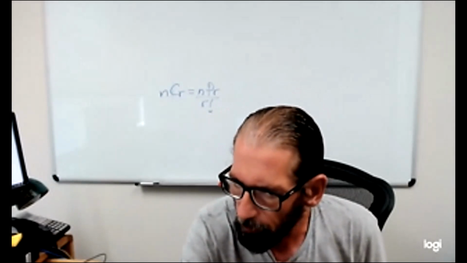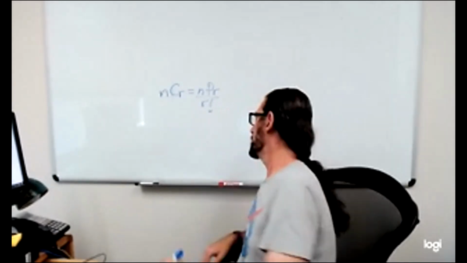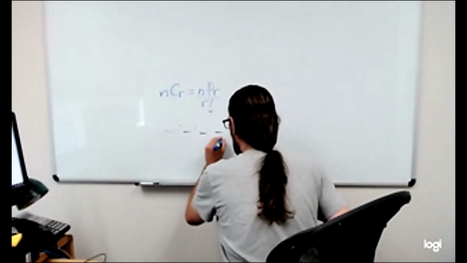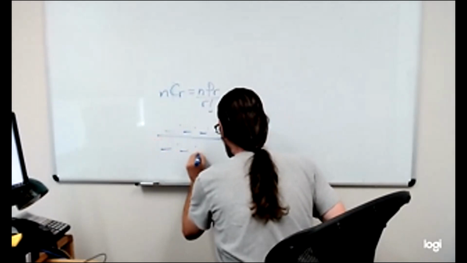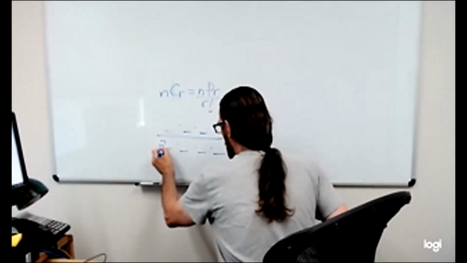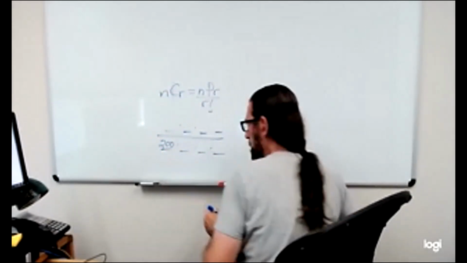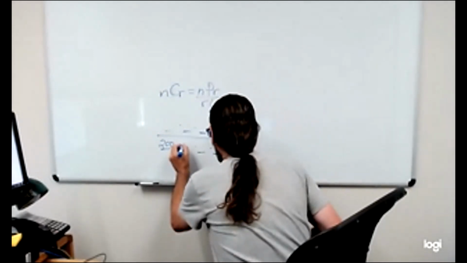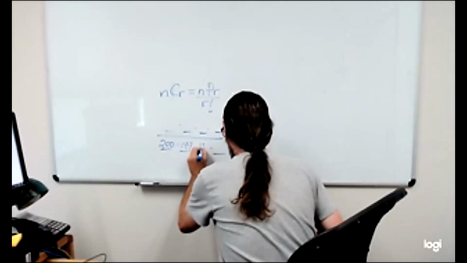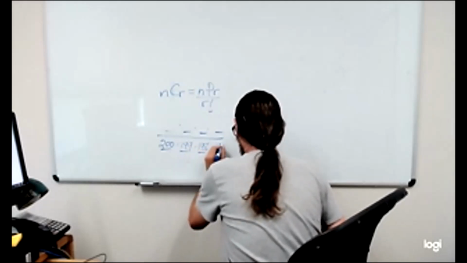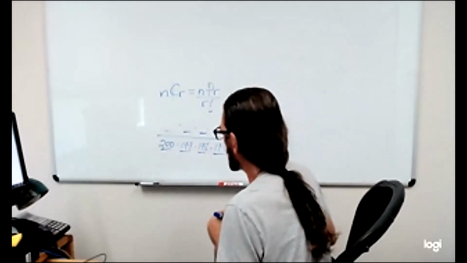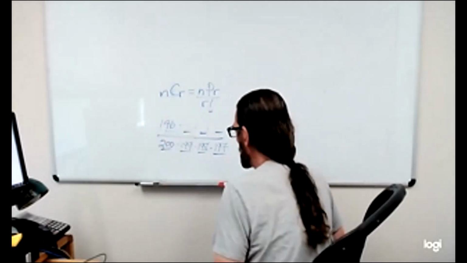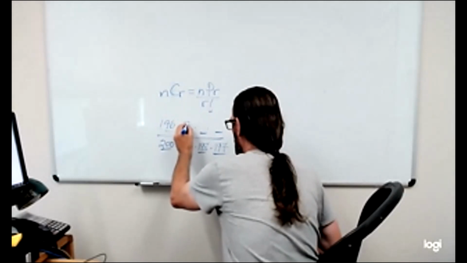All right, so we had 196C4 over 200C4, 4 dashes. In the denominator, starting with 200, going down to 197. And in the numerator, starting with 196 and going down to 193.